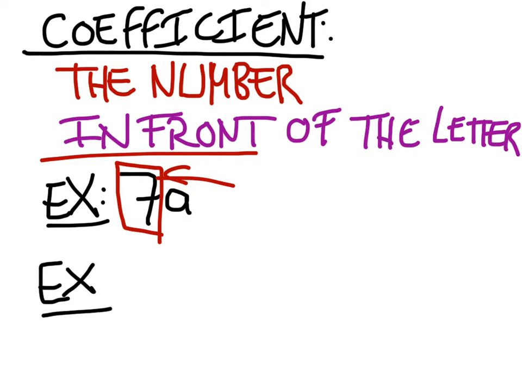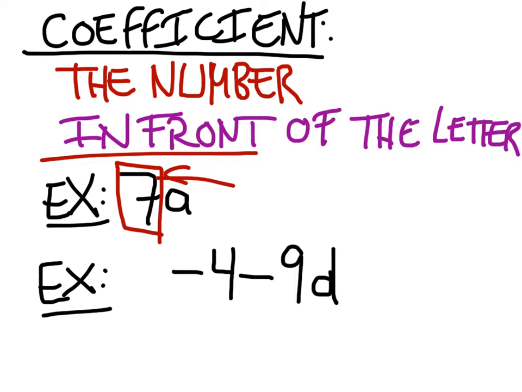Okay. So, give me a number. 4. Okay, 4. Now, give me a letter. D. Let's use D. All right, let's make these like this, okay?